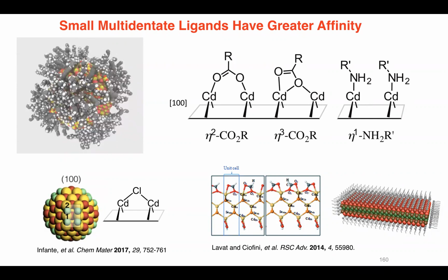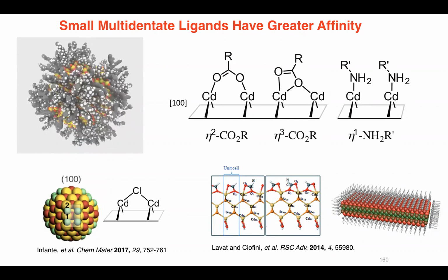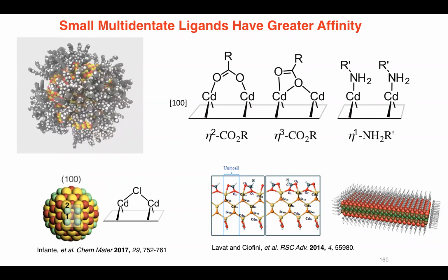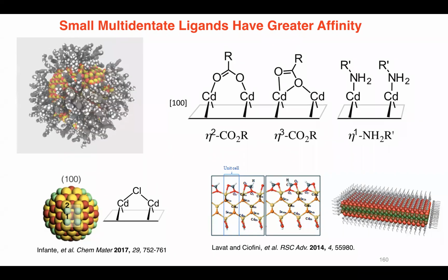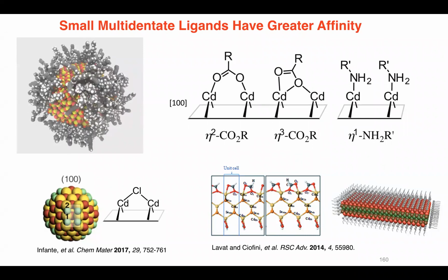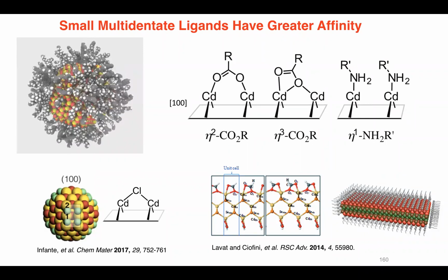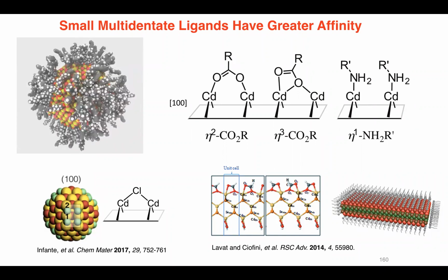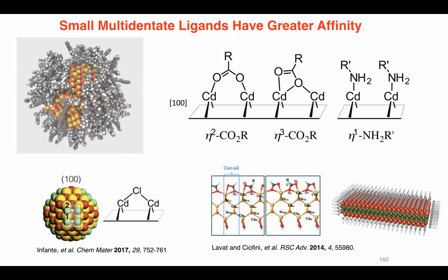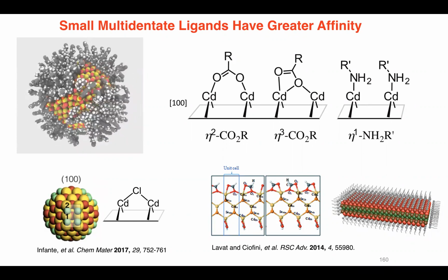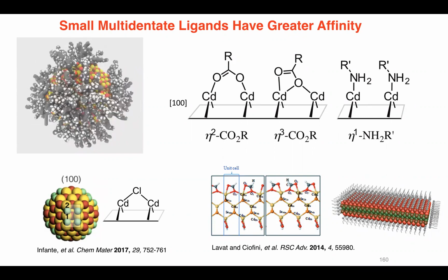If you had to guess, if I gave you a solution of cadmium acetate with primary amines present, what coordination number do you think that cadmium ion would have? How many people would guess 3 coordinate? Nobody?